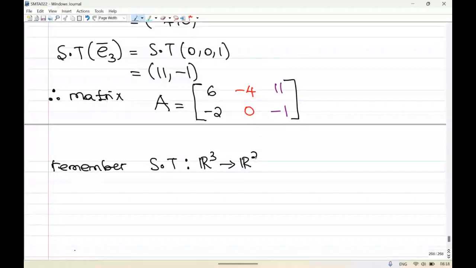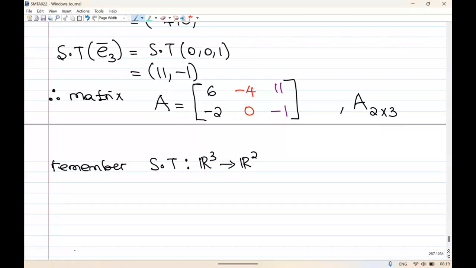Do you still remember this? Yes, sir. This is the product of that. Then now, when you check this A, the dimension of A is what? It is 2 rows multiplied by 3 columns. Do you see it? Yes, sir.